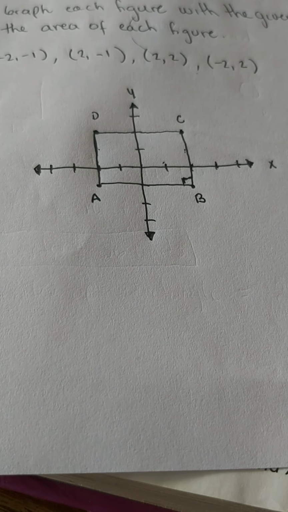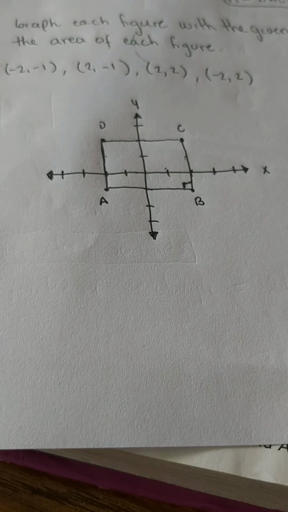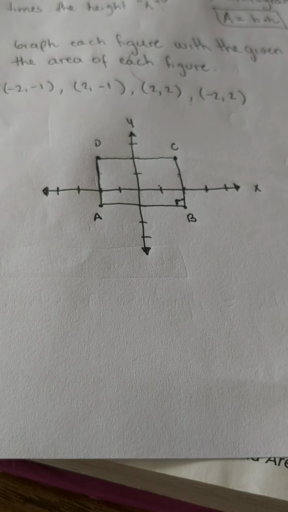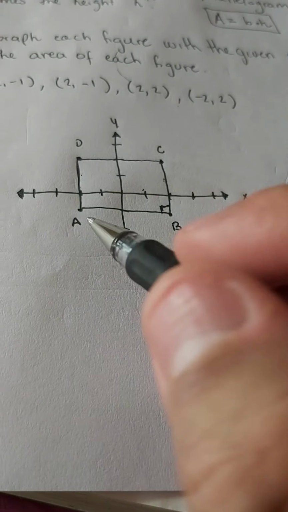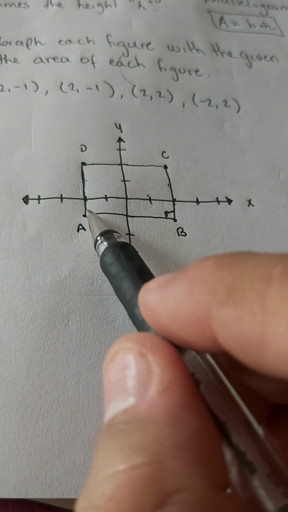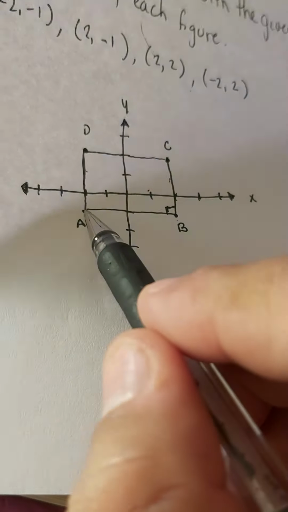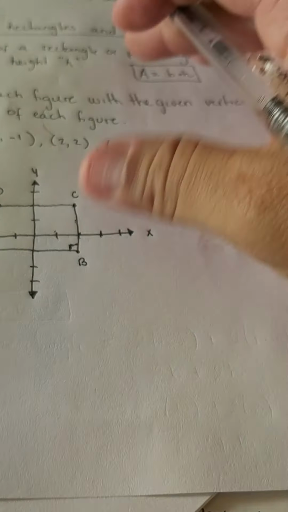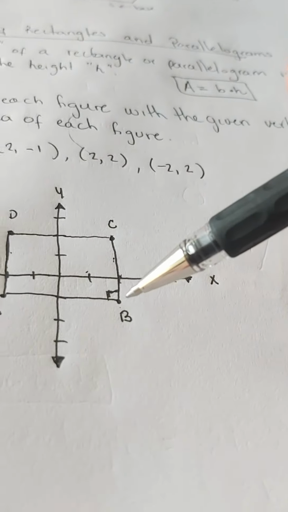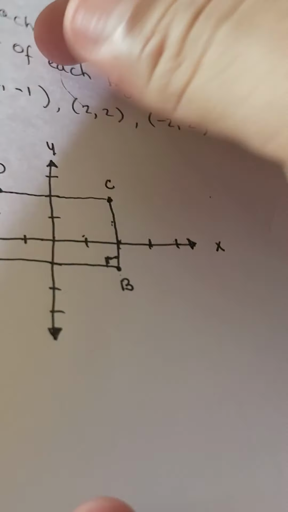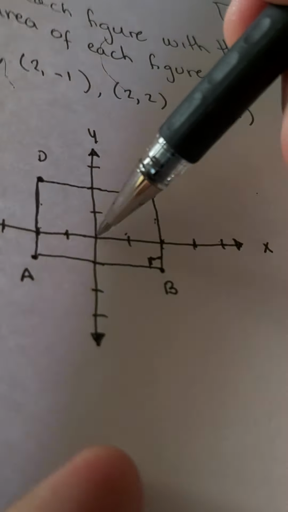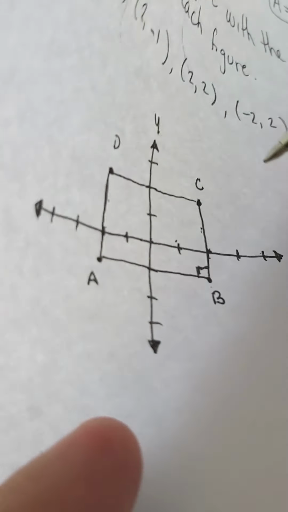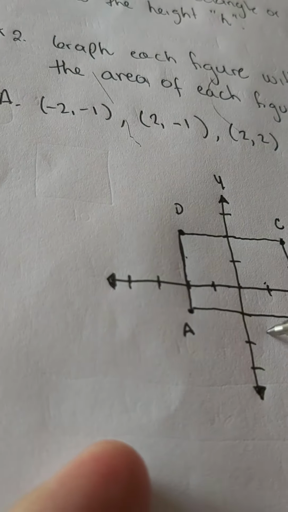Now let's find the area. How are we going to find the area? First, let's find the measure of each side. Notice, from A to B, A in x is located at -2, and B is located at +2. So the distance from A to B goes 1, 2, 3, 4. So this measures 4.